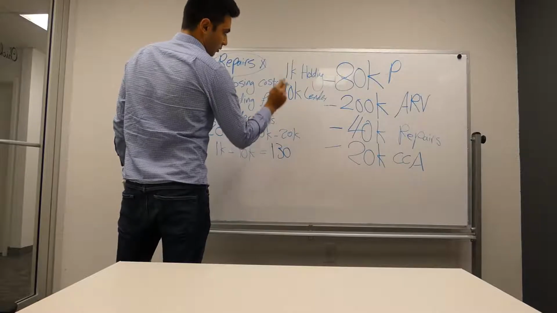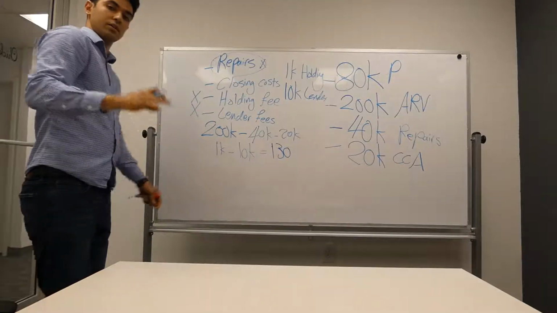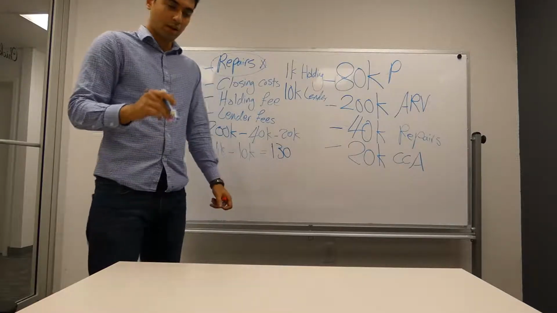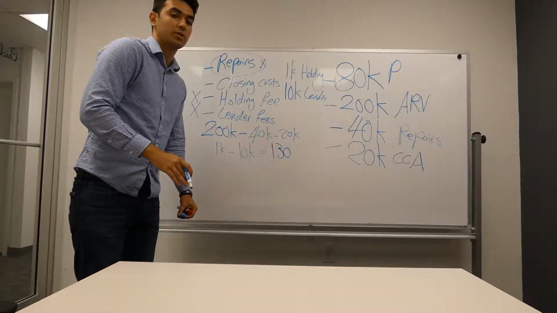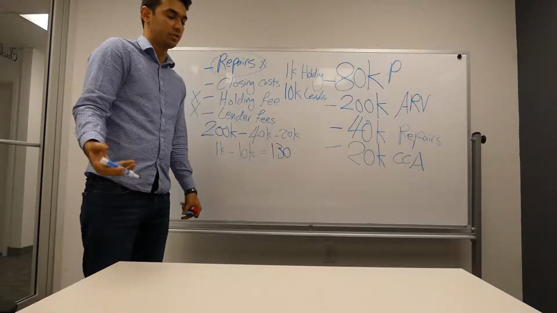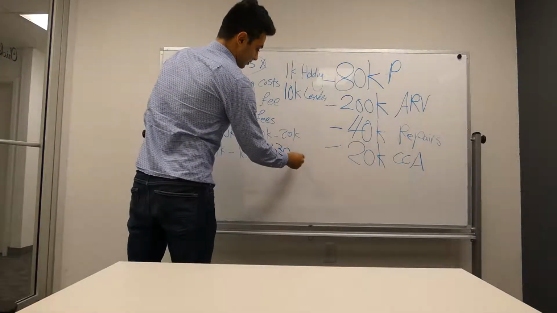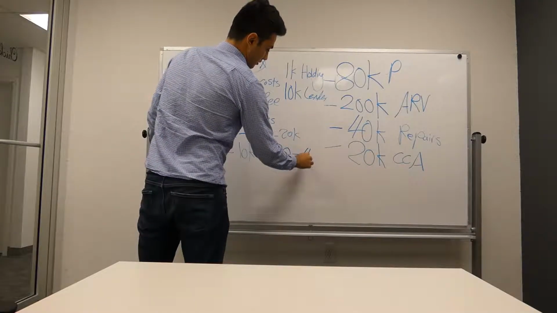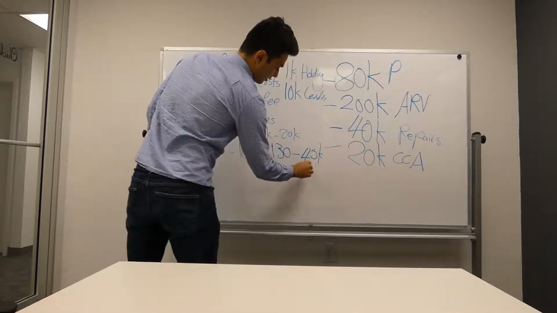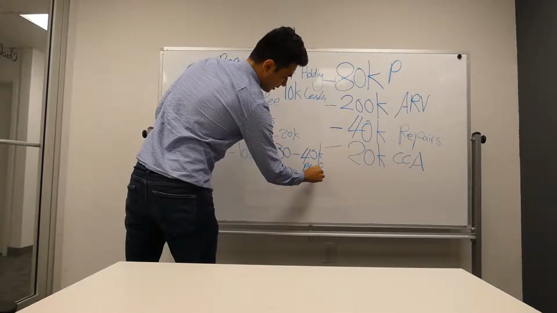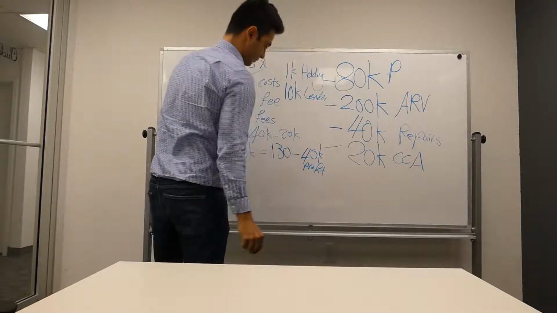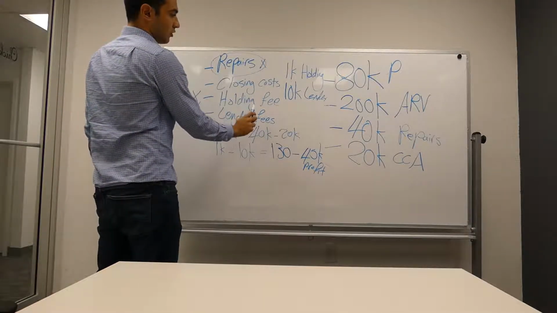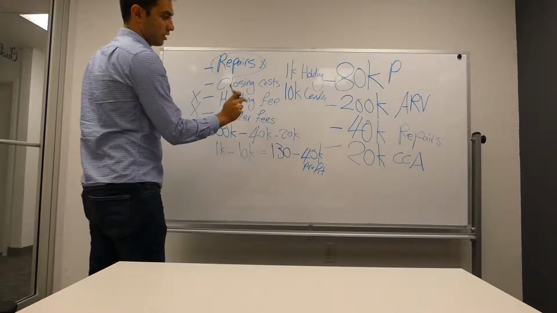So then 129, you want to see how much money you want to make on each deal. So if I want to say, okay, I want to at least make $30,000 on each deal, then let's just say 40. I want to take the 40 profit off of that, right? Minus 130. So 130 is the ARV minus 40K repairs, 20K closing costs.